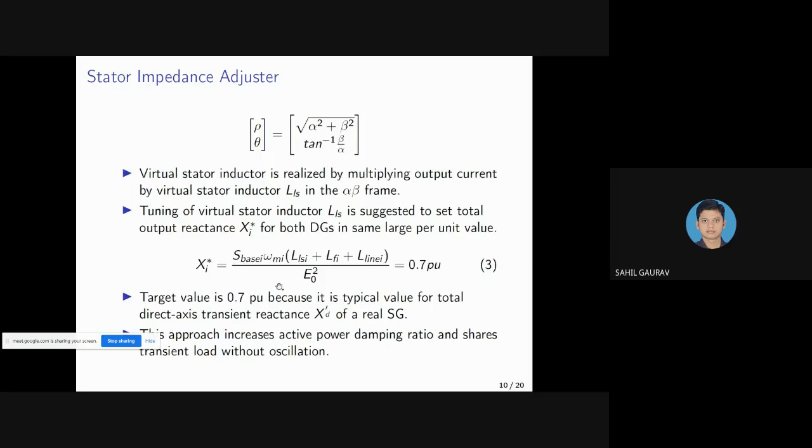So from here we can find the LLSI value, the virtual stator inductor. S base has a different value for different distributed generators, so we get a different virtual stator inductor LLS for each.